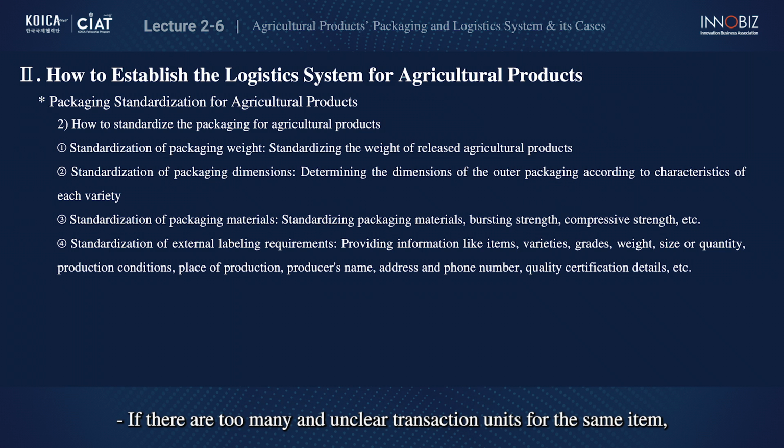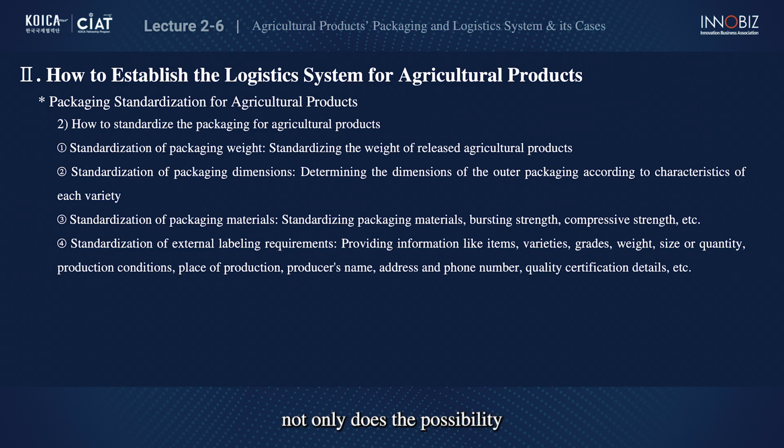If there are too many and unclear transaction units for the same item, not only does the possibility of unfair trade increase, but also the distribution efficiency is impeded. Thus, you need to consider the loading box sizes for transport vehicles, the standard pallet sizes in Korea, the shape and compressive strength of boxes, the size of agricultural products, and ease of handling products, and you need to simplify size dimensions.